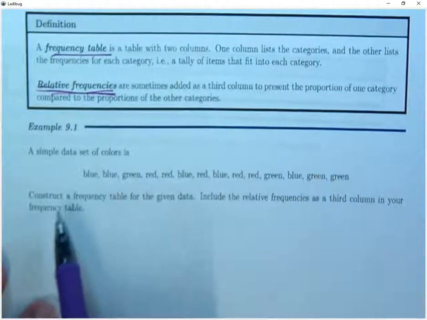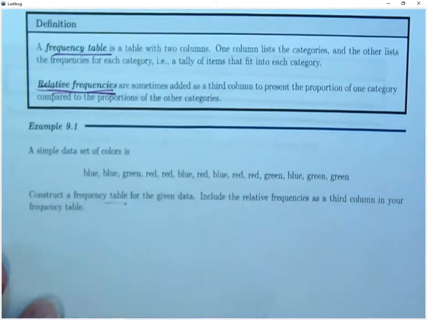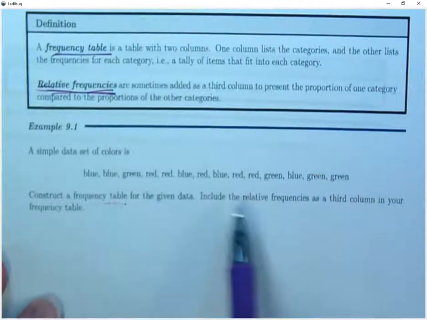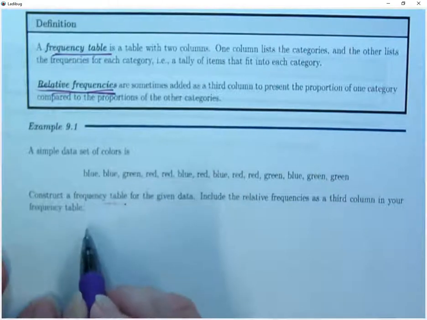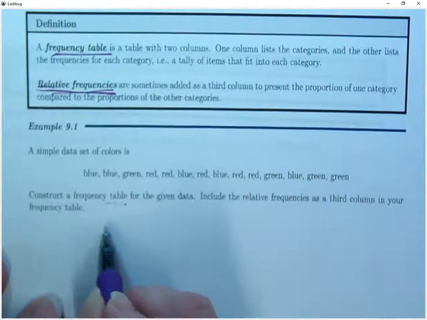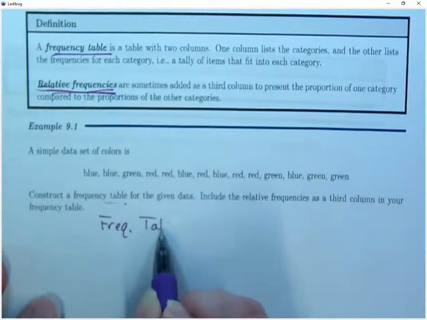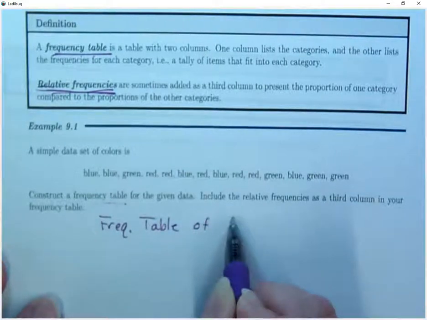So construct a frequency table for the given data. It's just a chart that you're going to make, and I'll show you how to do the tally method also on a bigger problem with more data, but this one is pretty small, so we can just count them out. So we want to put here, it's a frequency table of color data.